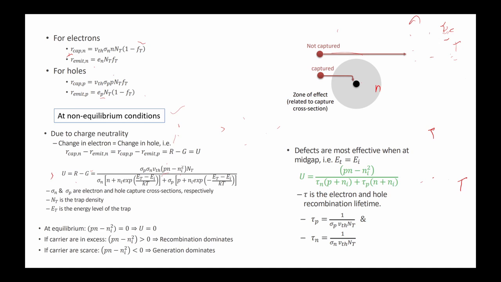So defects are most effective at the mid gap, so Et minus Ei will be 0. When Et minus Ei is 0, this term will go to 1, since it is e raised to the power 0, and we get sigma into n plus ni, p plus pi.